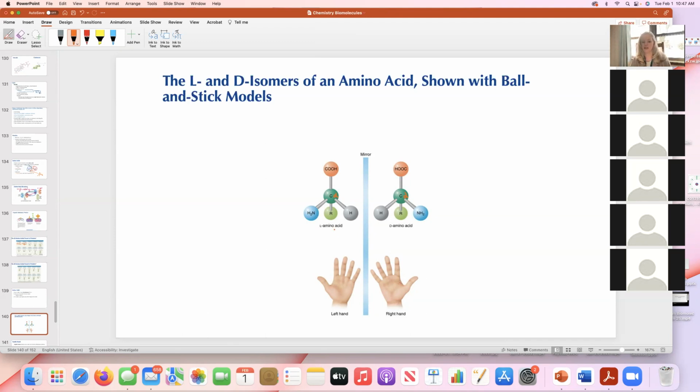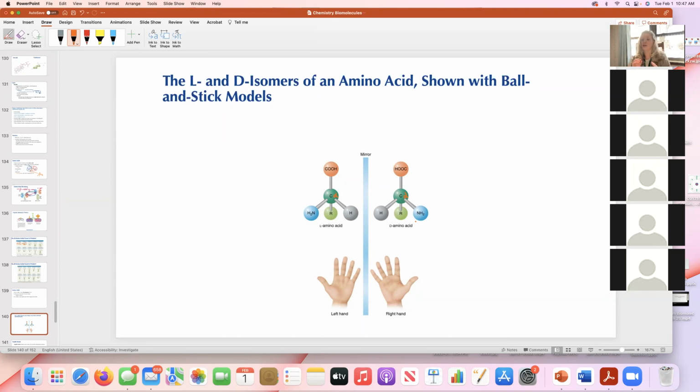That's the same thing here. If I move NH2, it's going to be right here on top of the H. And the H is going to be right here on top of the NH2. So it has a specific orientation in space, and that affects the molecules that it interacts with.